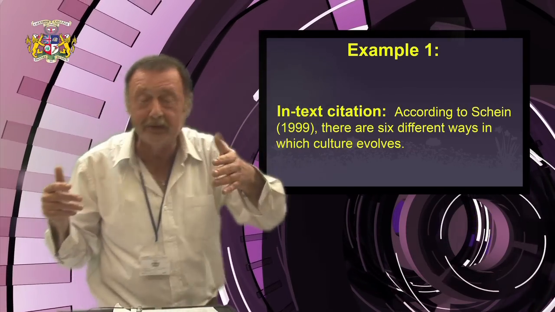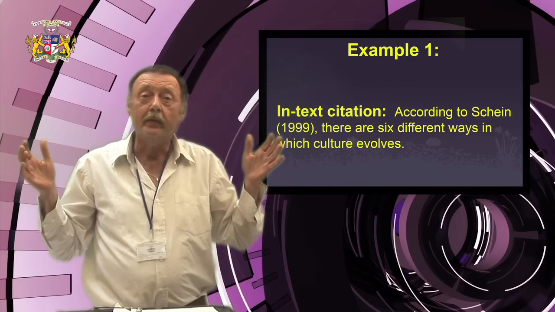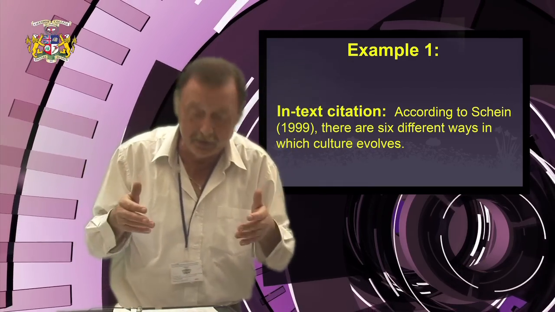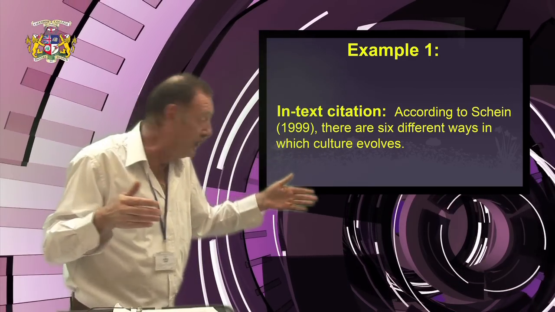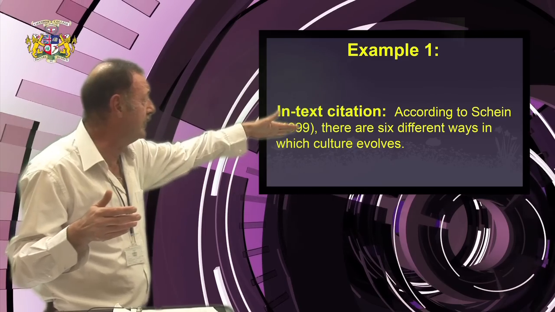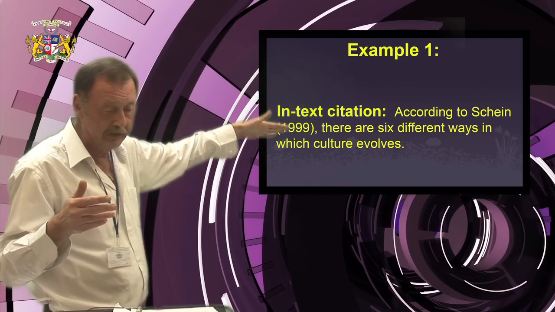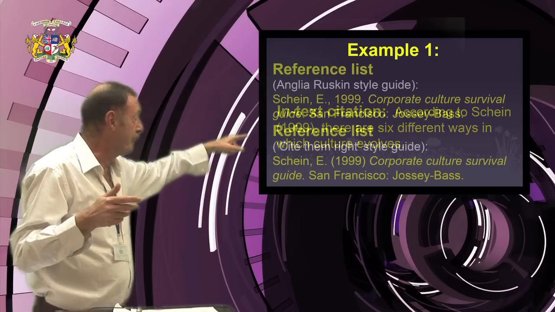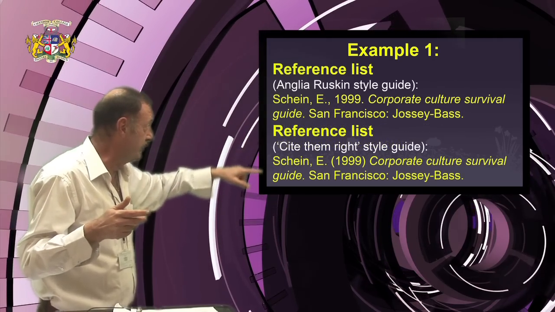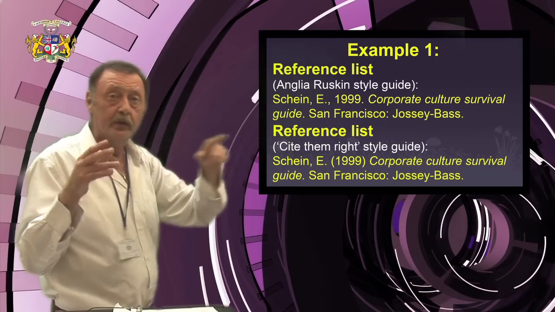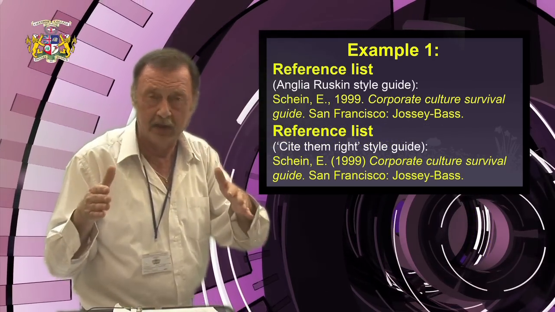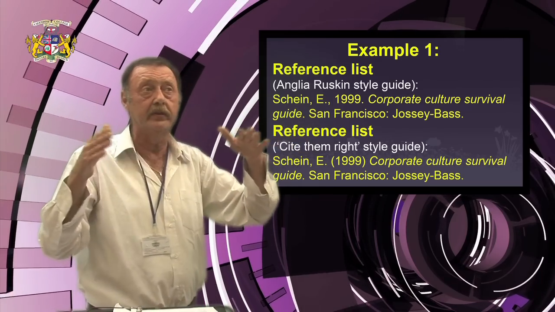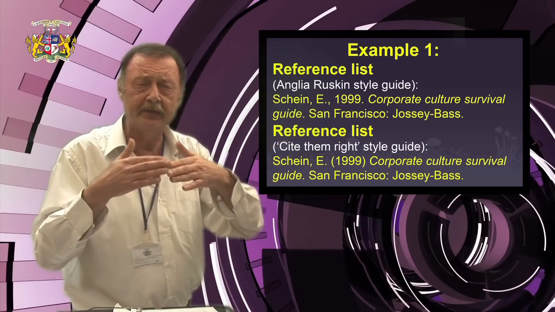Do you remember, of course, our friend Shane, who kept us so riveted in the first presentation, but he's back here. There's the in-text citation, no need for you to read it. But note, I'll give you two examples from just two style guides, because remember there are many style guides, they're not just those two, lots of different universities use style guides.